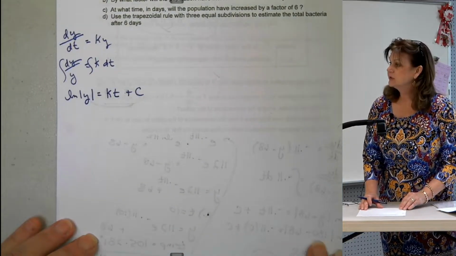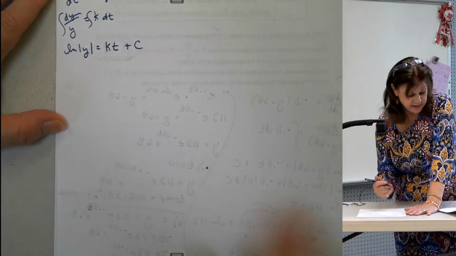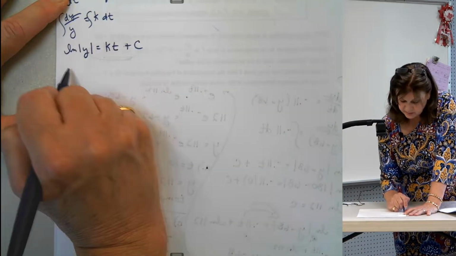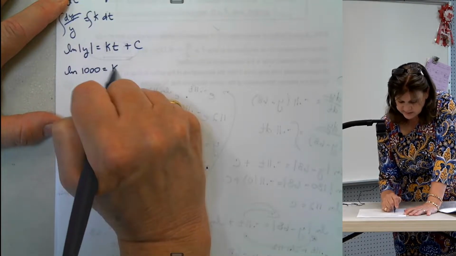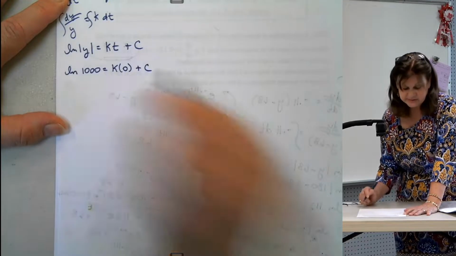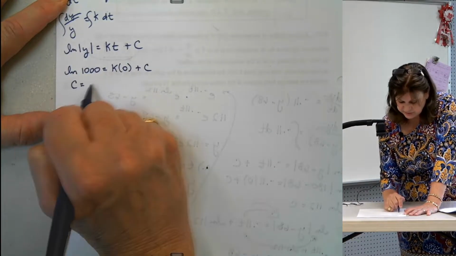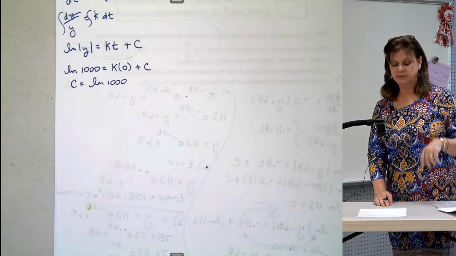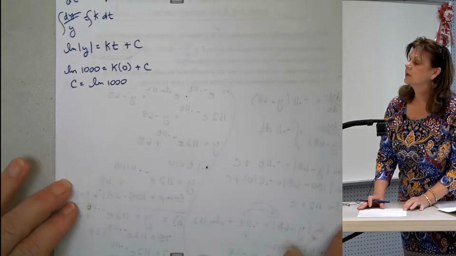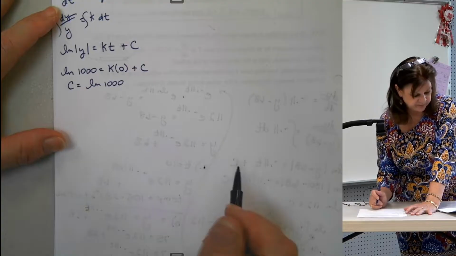Now, the initial condition is that at time 0 we have 1,000 bacteria. So I have ln 1,000 is k times 0 plus c. Therefore, c is equal to ln 1,000, which means that's going to be the number in front of your CERT or PERT, whichever way you prefer.